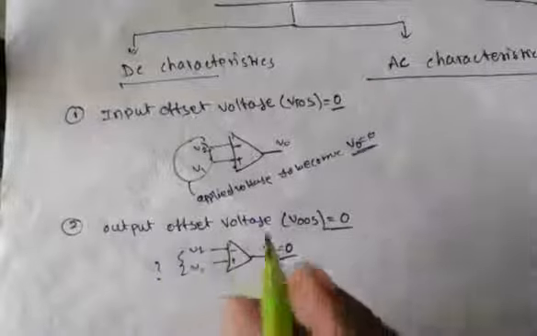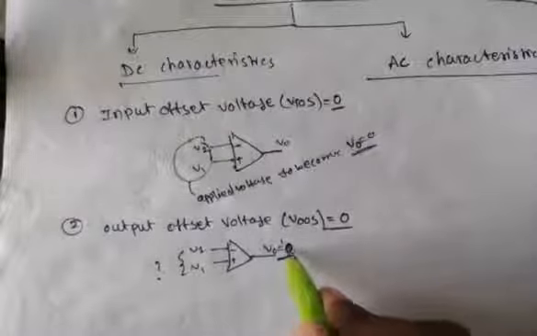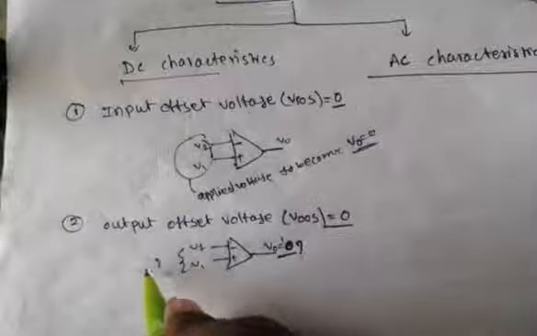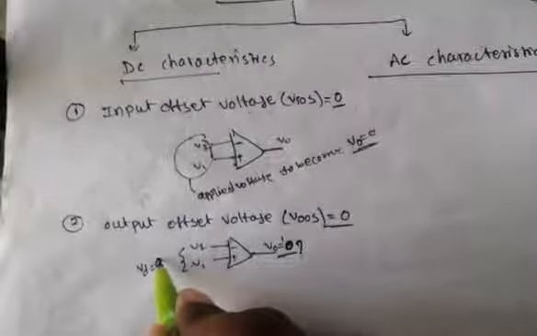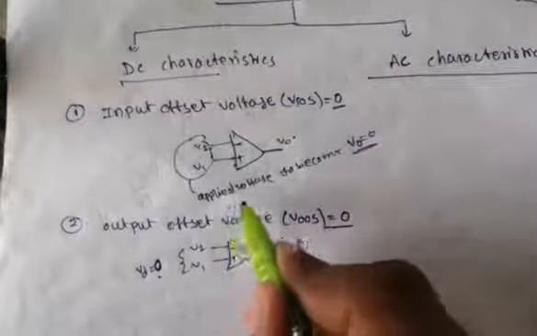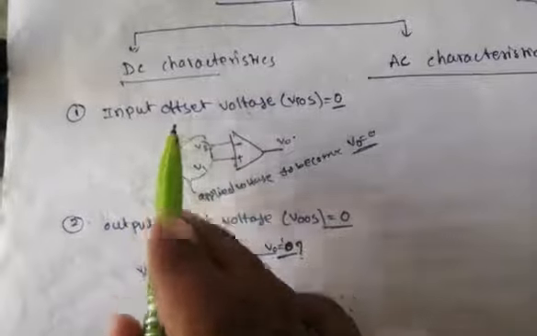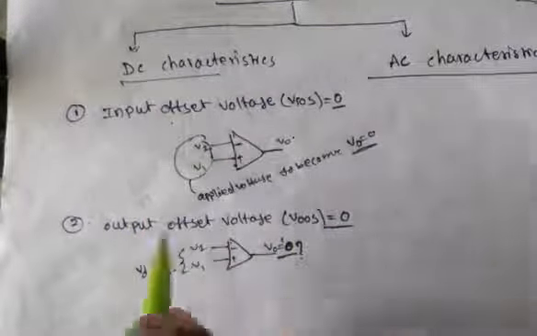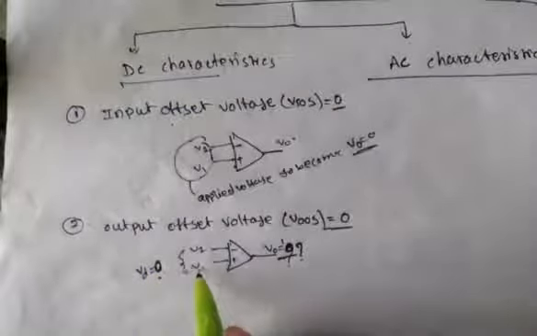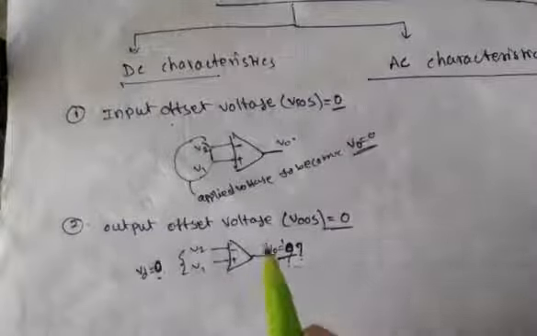Output offset voltage means the output side voltage we have to find when the difference between the two input voltages is 0. Input offset voltage means input side voltage, output offset voltage means output side voltage. When the difference between the two inputs is 0, whatever output side voltage is there is the output offset voltage.